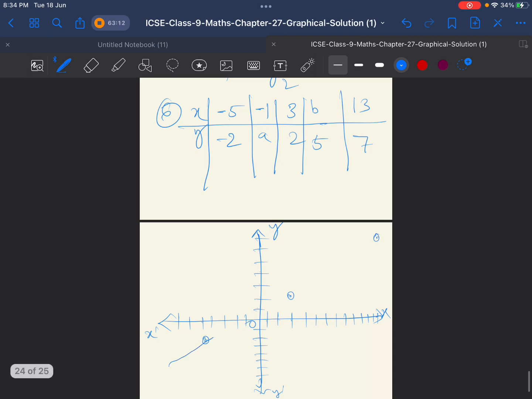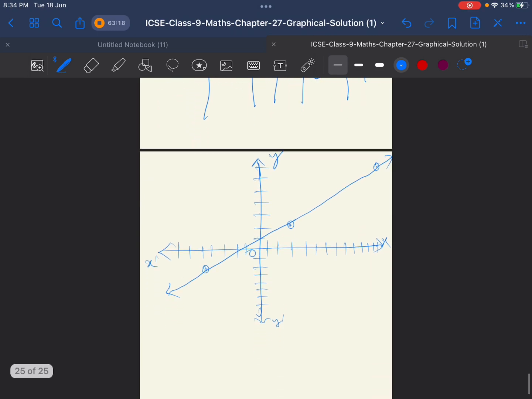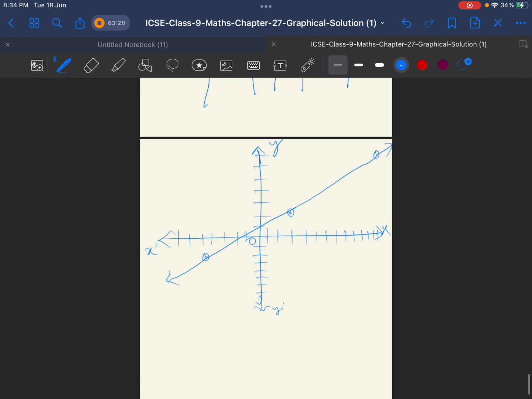The point 13, 7 will be here. Now we draw a straight line. This is the straight line.